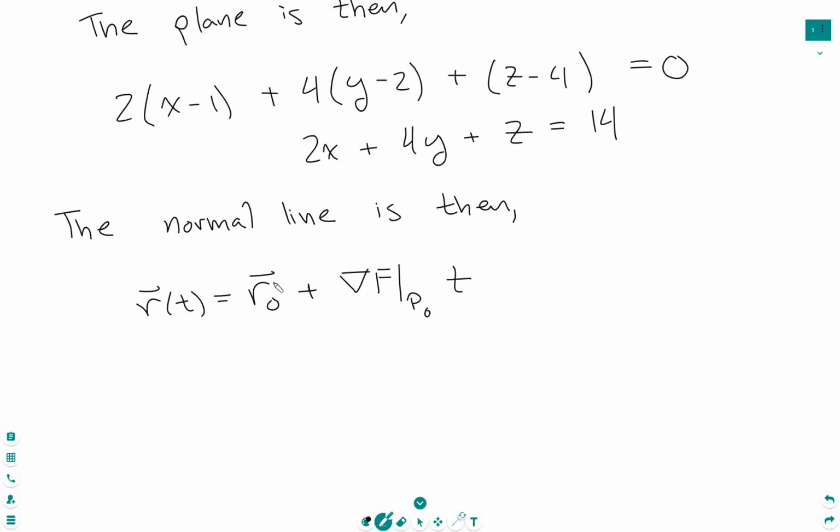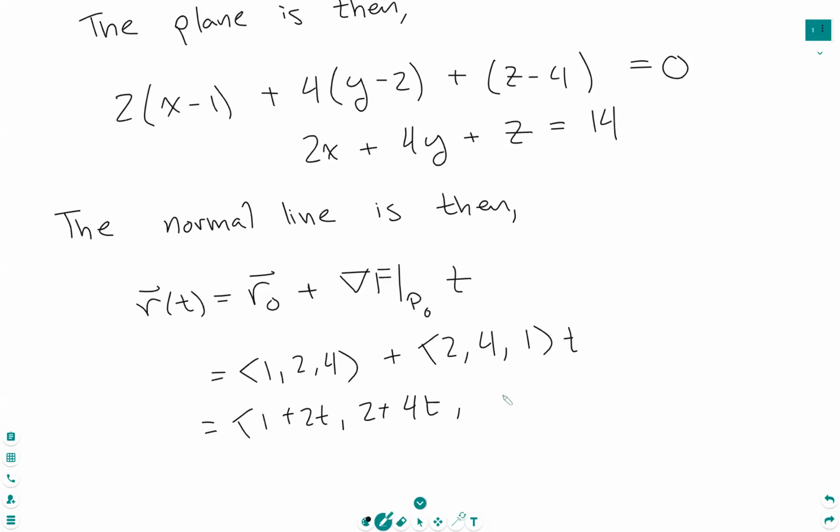So this is the vector that's pointing to P, and the direction we're going needs to be perpendicular to the tangent plane at that point, which is in fact the gradient of F. So this is 1, 2, 4 plus 2, 4, 1 times t, or 1 plus 2t, 2 plus 4t, and 4 plus t.